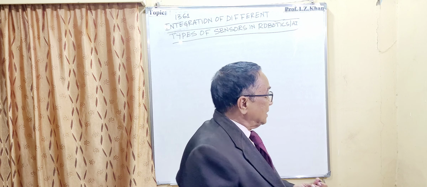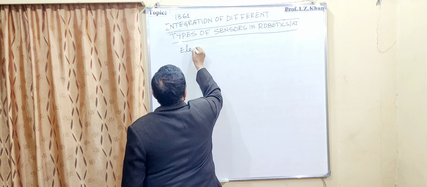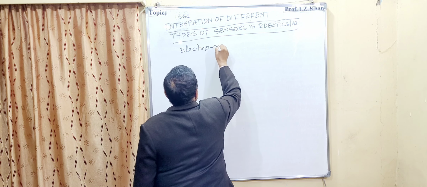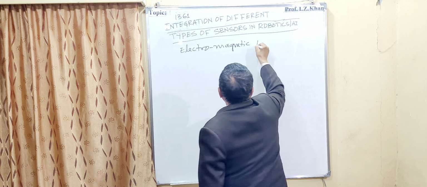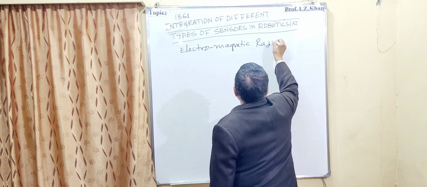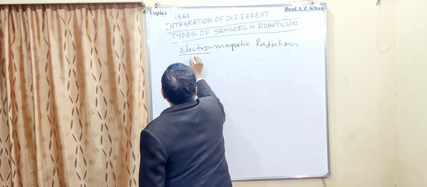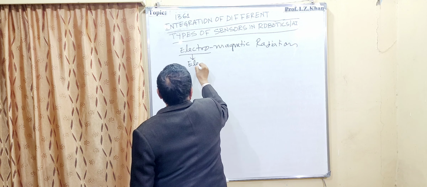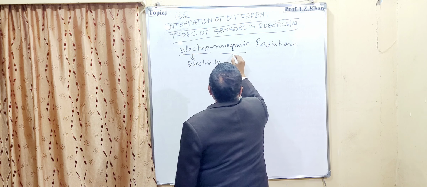Electromagnetic radiation, if I am saying electromagnetic radiation, it means it is producing electricity and also magnetism.